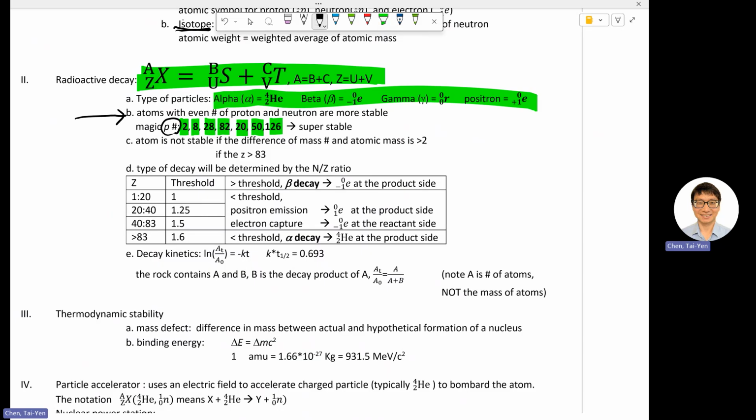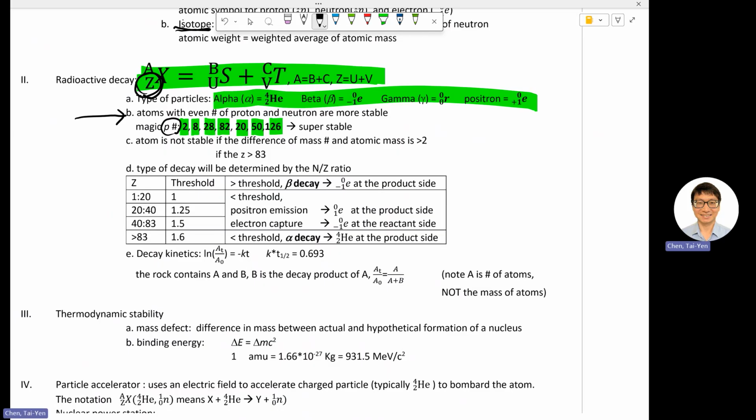Look at the proton number, meaning the Z. If your Z equals 2, 8, 28, 82, 20, 50, 126, those are the magic numbers.